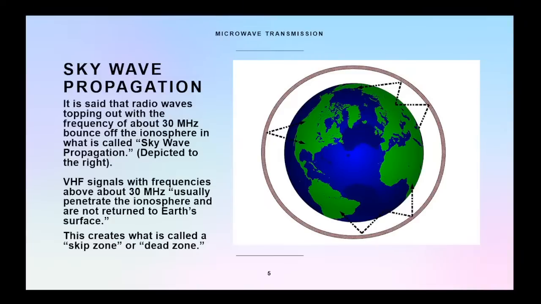Very high frequency signals, VHF, with frequencies above about 30 megahertz, usually penetrate the ionosphere and are not returned to Earth's surface. It's important to take note of this. Frequencies above 30 megahertz are supposedly going to go right through this ionosphere. This creates what is called a skip zone or dead zone. You see the gap there as it goes up and comes down. There's a huge area in between where you can't receive the signal if this was correct.